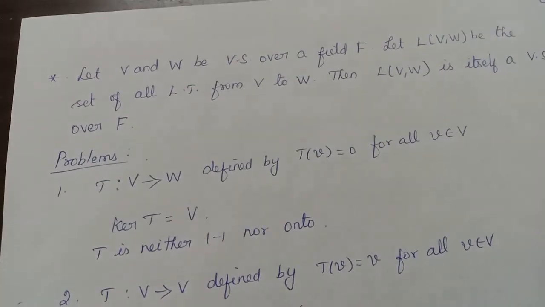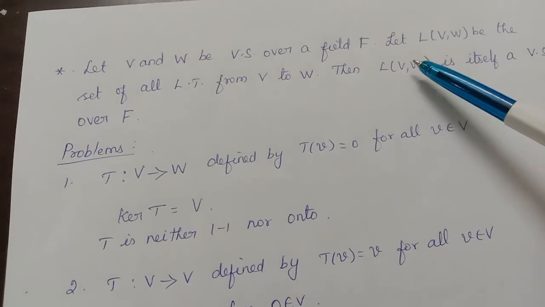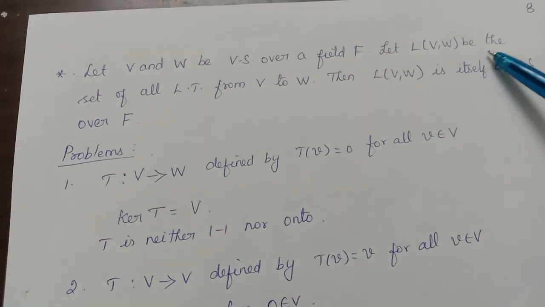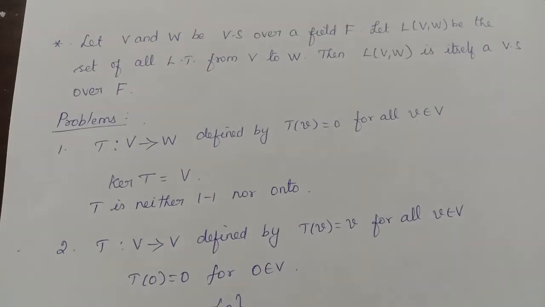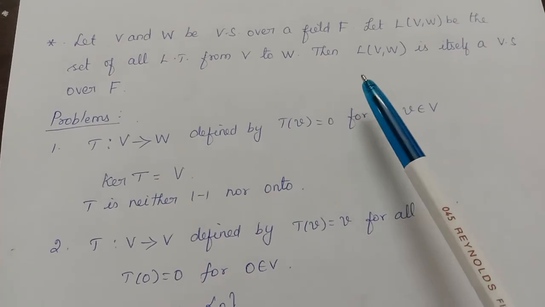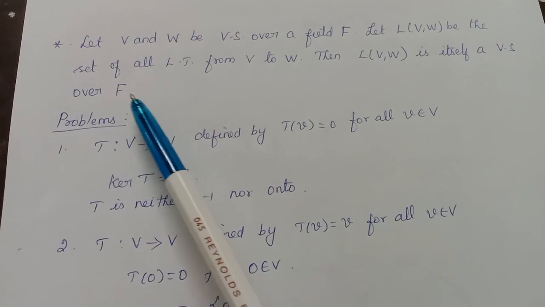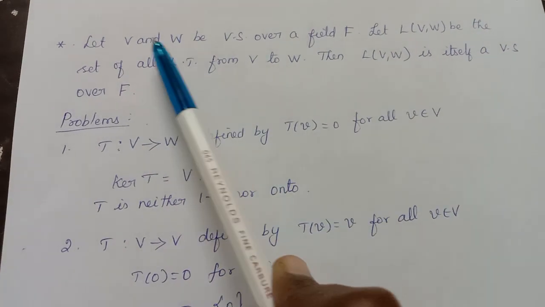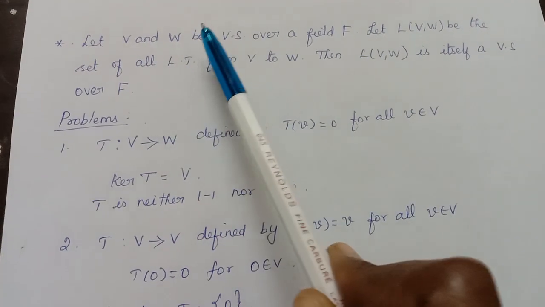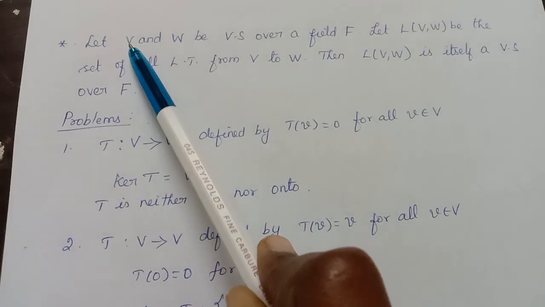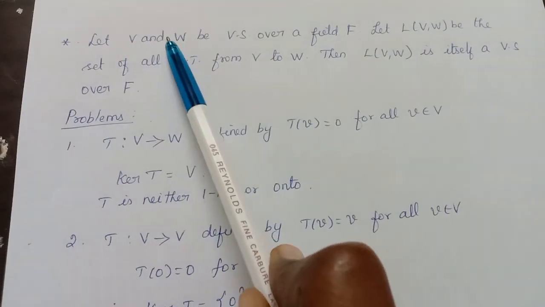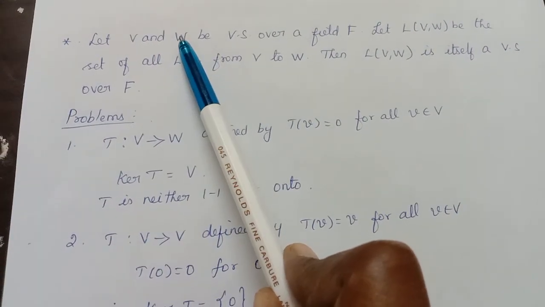Next one. Let V and W be vector spaces over a field F, and let L of V comma W be the set of all linear transformations from V to W. Then L of V comma W is itself a vector space over F. So already we have two vector spaces over F. I am collecting all the linear transformations. Different linear transformations we can define from one vector space to another vector space, no?